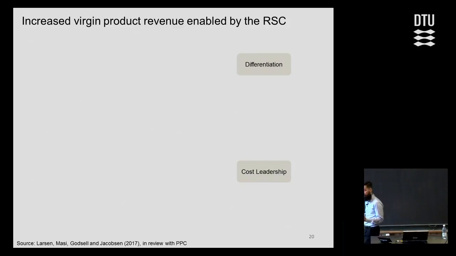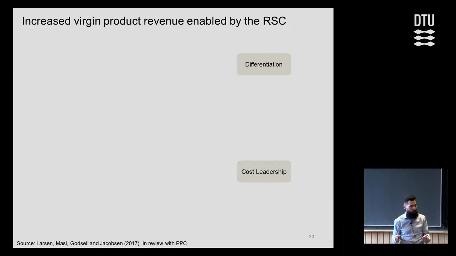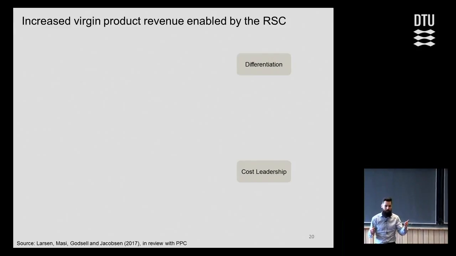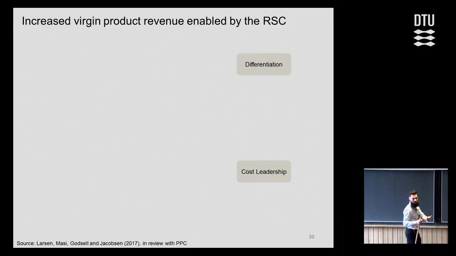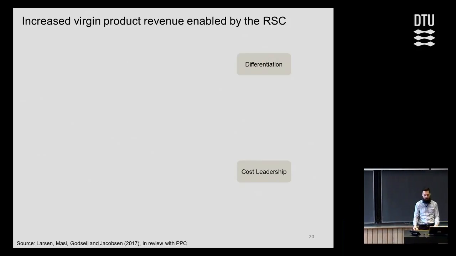Cost leadership means that the firm wants to sell products by offering the product with the lowest price. Differentiation means that the firm offers a product that's not the cheapest, but is differentiated in some way other than lowest costs. Typically something with highest quality or fastest speed or on-time delivery, some other variable.